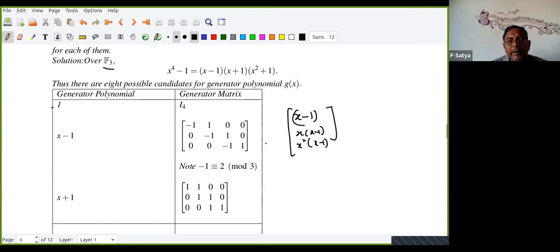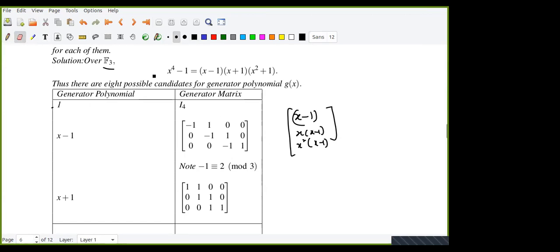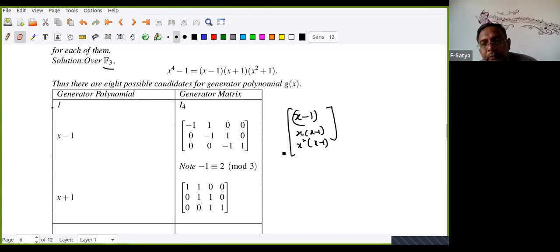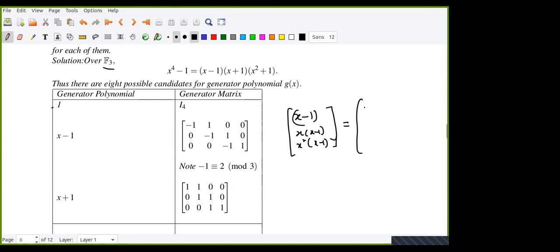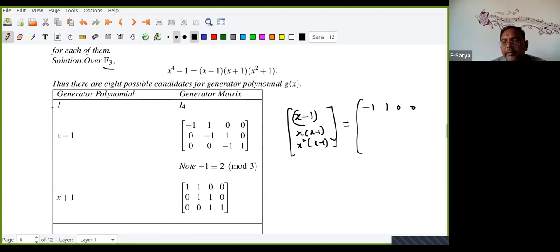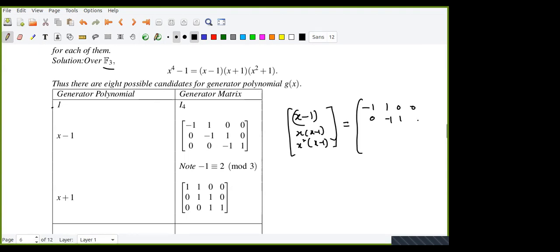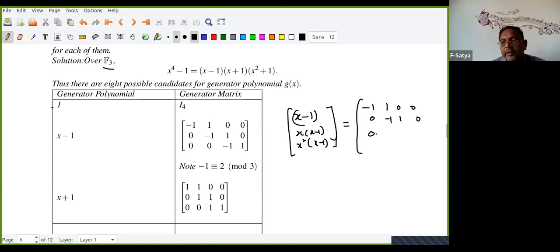I will not go further, because whatever polynomial you are multiplying, the degree is at most k minus 1. Now, what is the polynomial corresponding to this? Minus constant 1, so 1, 0, 0, 0. Correct. Now it is simply a cyclic shift of this, right? So you can easily see that.